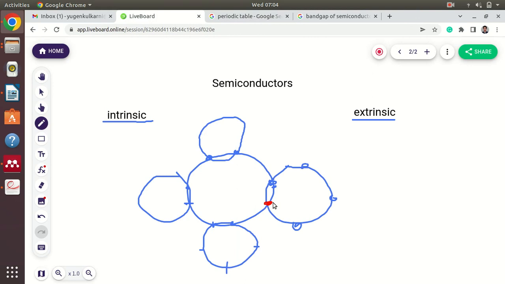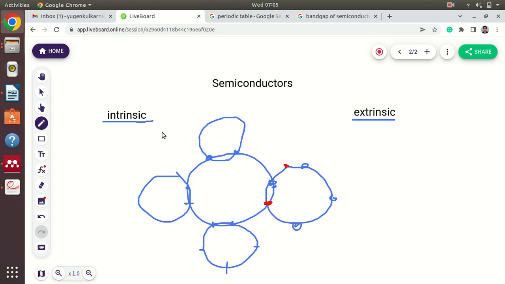This atom will share one electron here, but there is one more electron which is not forming any bond and which is available for transport. So the current, or therefore the conductivity, is increased because of this doping.